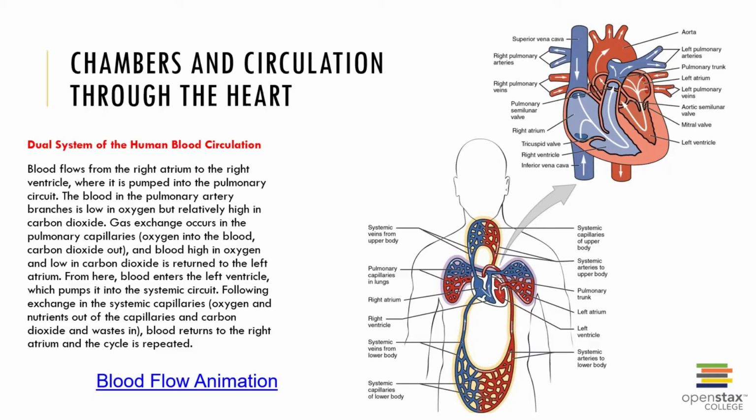And then it comes back to the heart into the left atrium via the pulmonary veins and goes from the left atrium through the left atrioventricular valve, which is known as the bicuspid or mitral valve, and then into the left ventricle. From there, it goes into the aorta. And that's where it goes to the rest of the body.